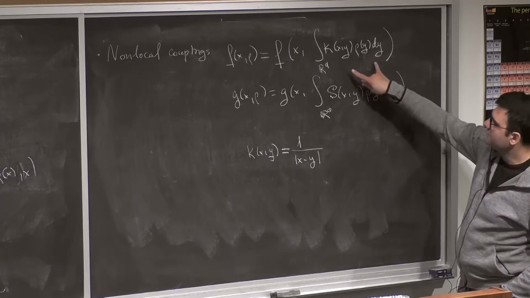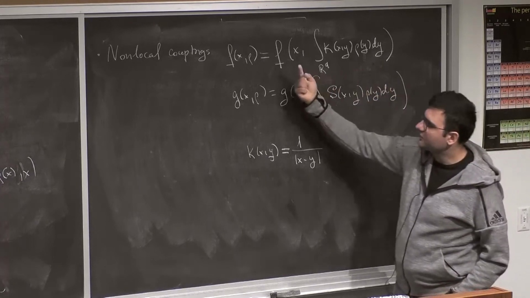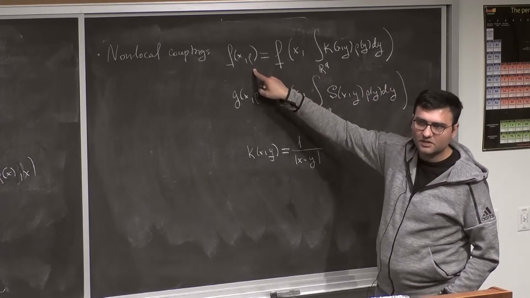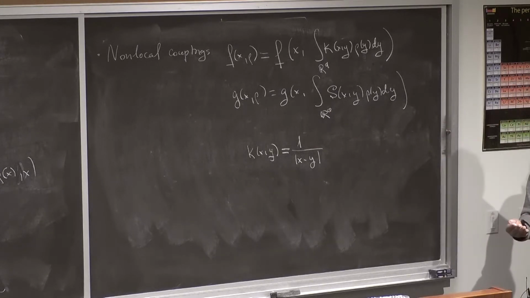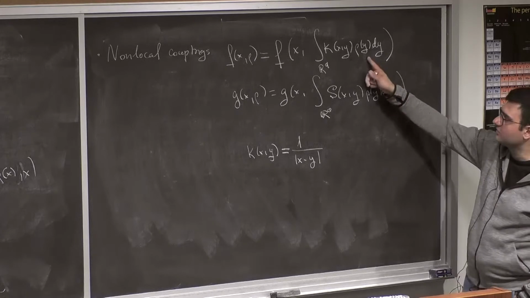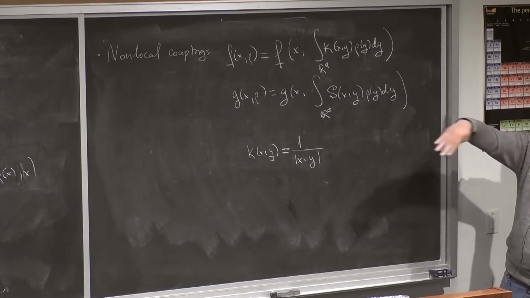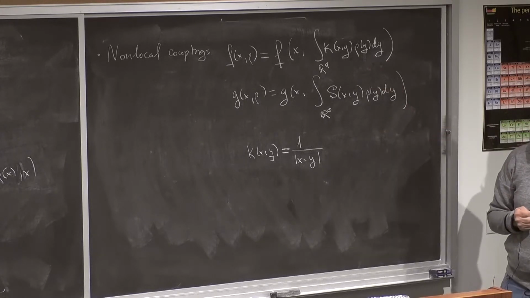Okay? So the point here is that if I want to calculate f of x, rho, the information of rho at point x only is not enough. I need to know rho across the whole population.